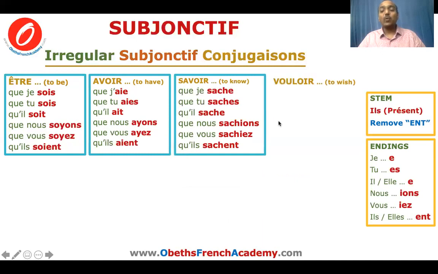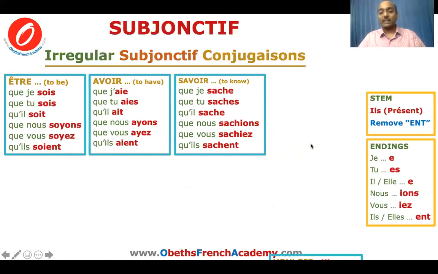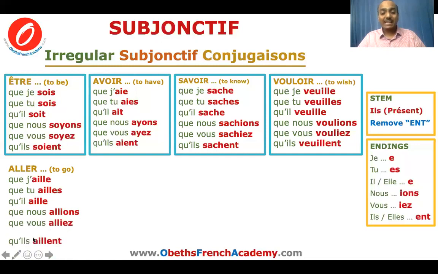And for the verb vouloir, it is que je veuille, que tu veuilles, qu'il veuille, que nous voulions, que vous vouliez, qu'ils veuillent. Next verb is aller. Que j'aille, que tu ailles, qu'il aille, que nous allions, que vous alliez, qu'ils aillent.